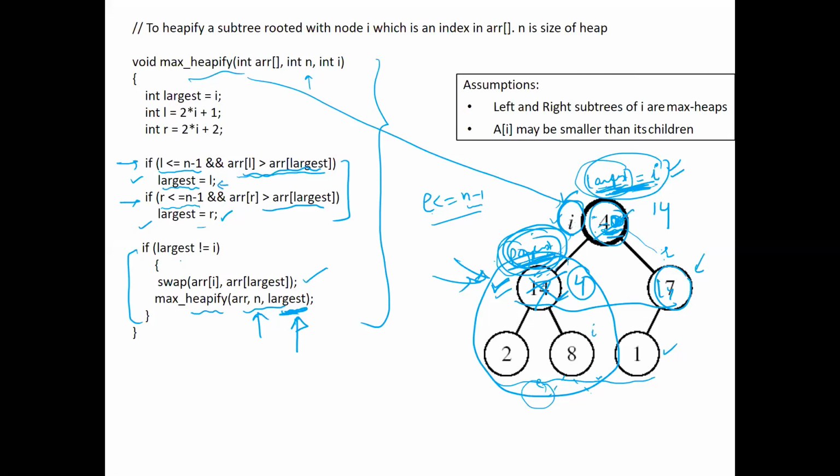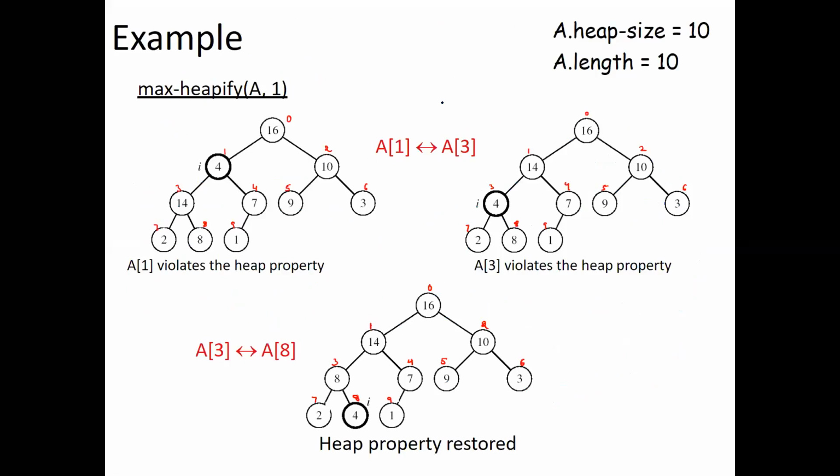Okay. Next is an example of what we have done so far. Initially, say you are applying max heapify at A1. Because if you see carefully, only A1 is being disturbed. This chunk of the zone is being disturbed. If you call max heapify on the element at index i equal to 1, what will happen?